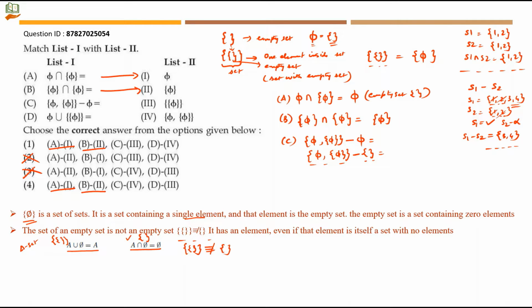So let's take an example for this again. Let S1 is equal to 3, 4. S2 is equal to 1, 2. Now what will be S1 minus S2? When you have two different sets here without any intersection elements, the result will be S1. This is equal to 3, 4.